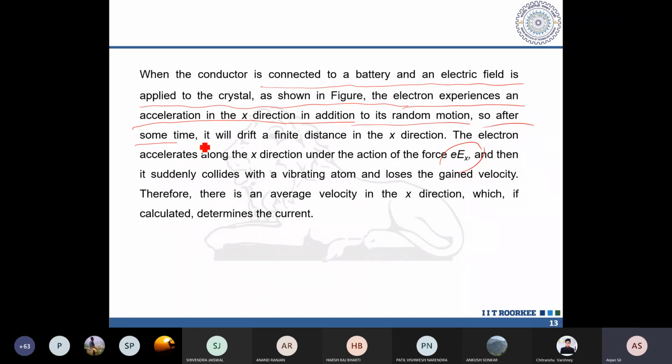So after some time, it will drift a finite distance in the x direction. Yesterday I told what the meaning of drift is. By applying an electric field, it is drifting. This effect drifts the electron in the direction of the electric field, or rather in the opposite direction of the electric field, depending on the sign of the charge. And the force applied is e times Ex, right?